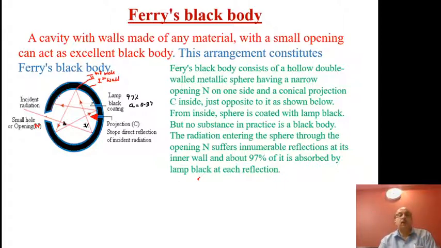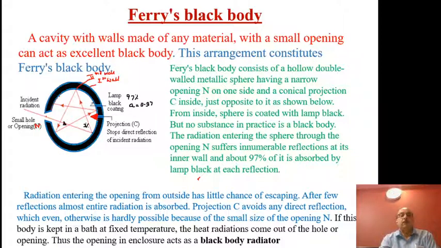So we can say this double-walled metallic sphere, also known as Fery's black body, is a perfectly black body. The radiation entering the opening from outside has little chance to escape. That's why we call it a perfectly black body.